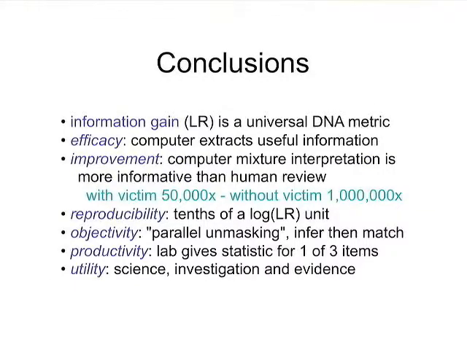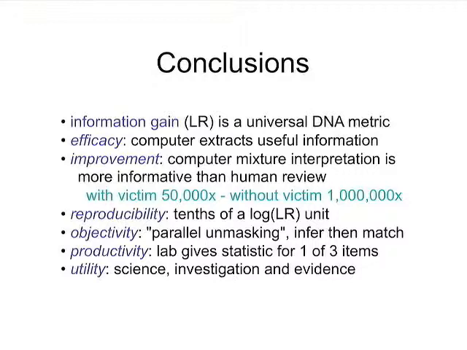So in conclusion, the information gain, or likelihood ratio, is a universal DNA metric that can be applied to any way of interpreting mixtures, because implicitly or explicitly, you're inferring a genotype as a probability distribution. Once you have it, you plug it into a likelihood ratio formula and you're done. We looked at the efficacy.